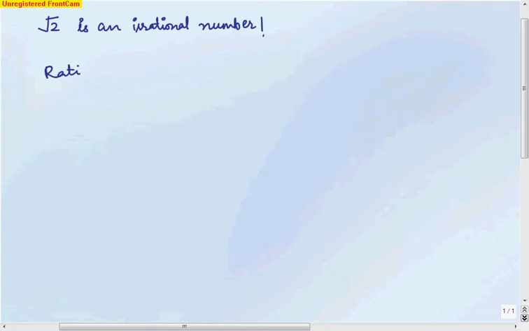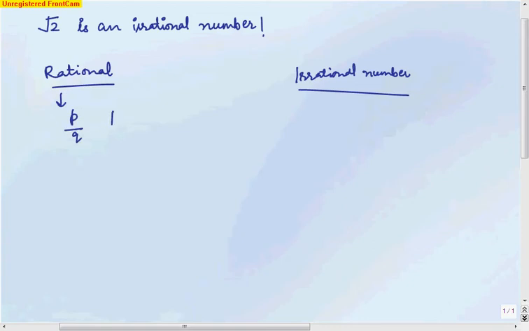First of all, we'll try to understand what is a rational number and what is an irrational number. A rational number is a number which can be written in the form p upon q, where p and q are integers, right? And obviously q is not equal to 0. A rational number is a number which can be written in this form.